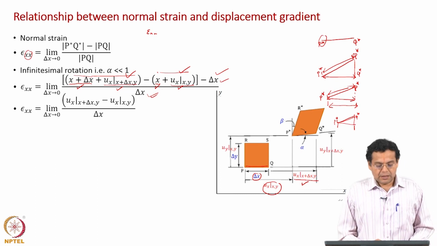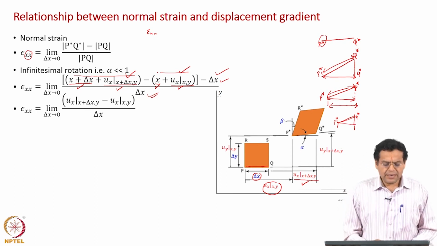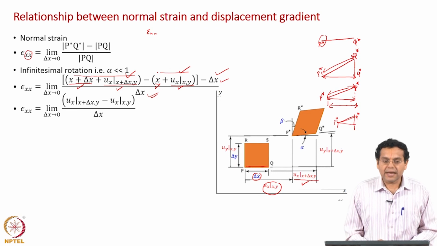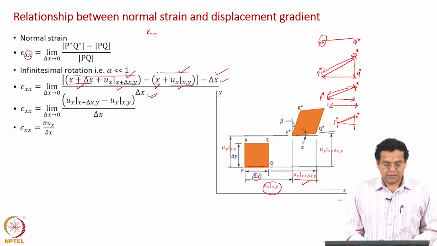So, the numerator has the x displacement evaluated at x plus delta x and x, anyway y is same. Okay. Now, we will take the limit delta x tending to 0. What happens? This becomes the partial derivative of ux with respect to x.